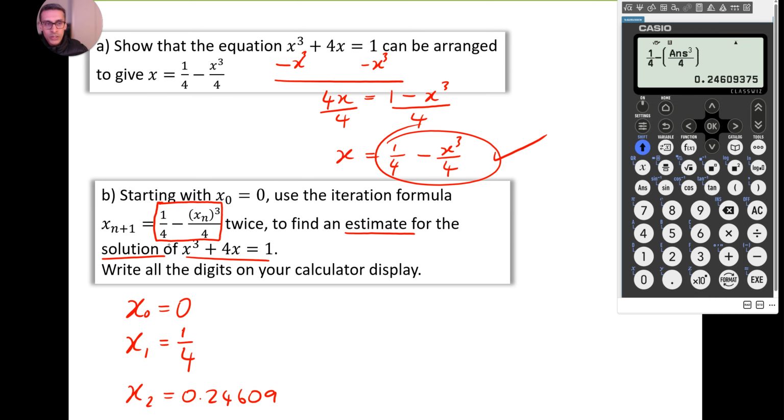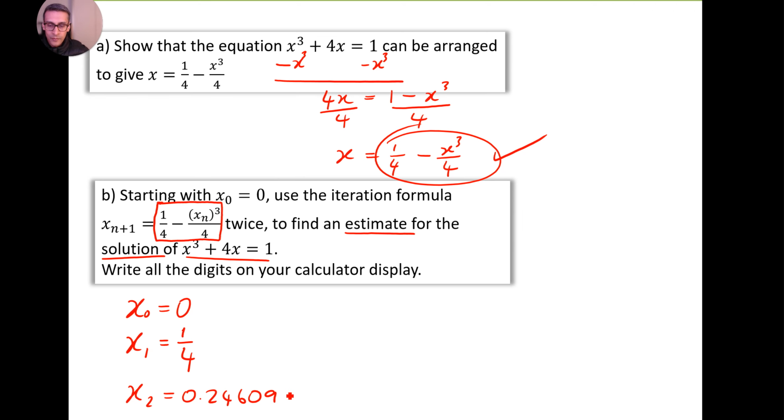Now this says write all the digits on your calculator, so we're going to write the 375 as well. Now it says use it twice only, so we've used it once to get 0.25, and we've used it twice, and that's our answer. Okay, so that's now part C of a normal question of an iteration.